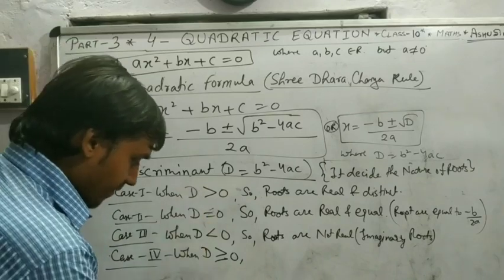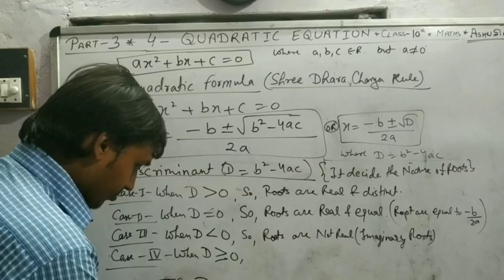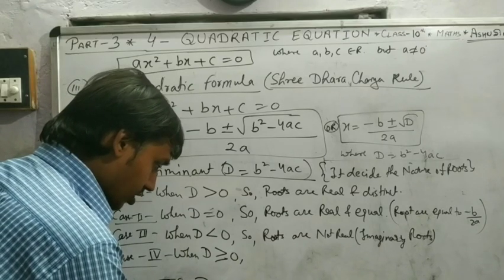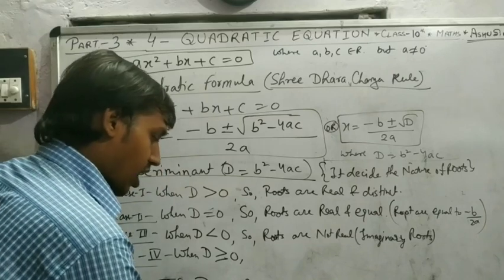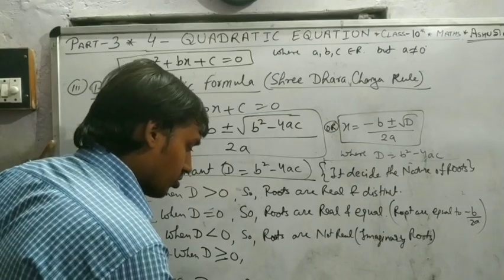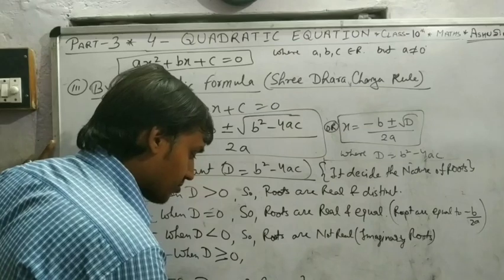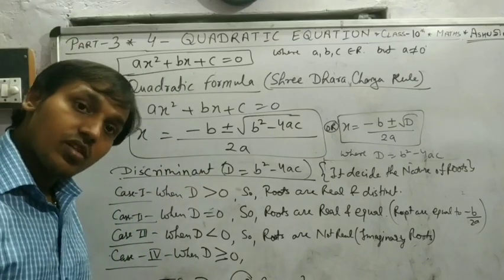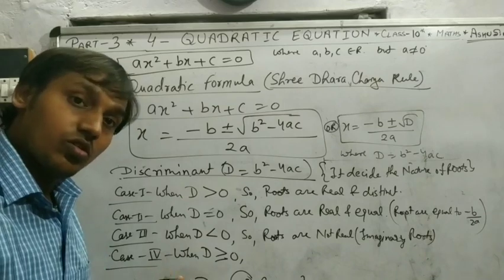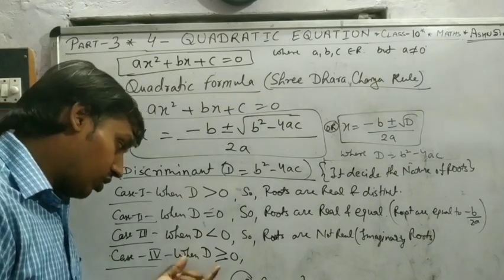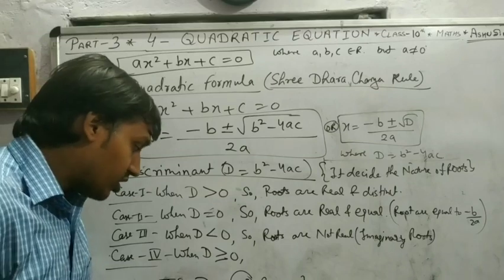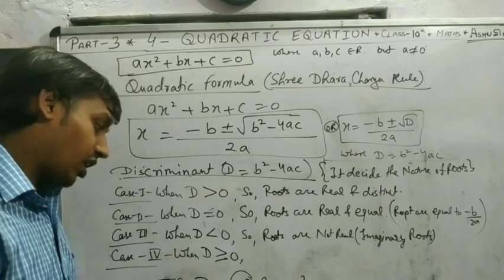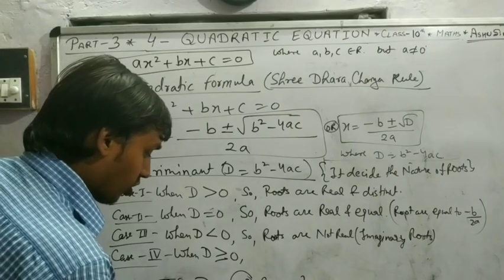Suppose d is equal to m square and m belongs to real numbers, so m square is always positive or 0. In this case, you can't say that it is only 0 or only greater than 0. So we can write here d is greater than or equal to 0.